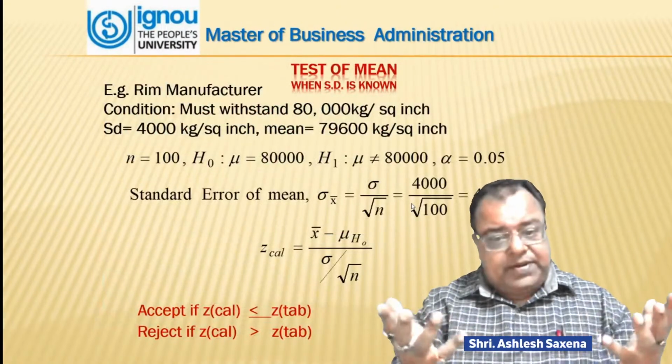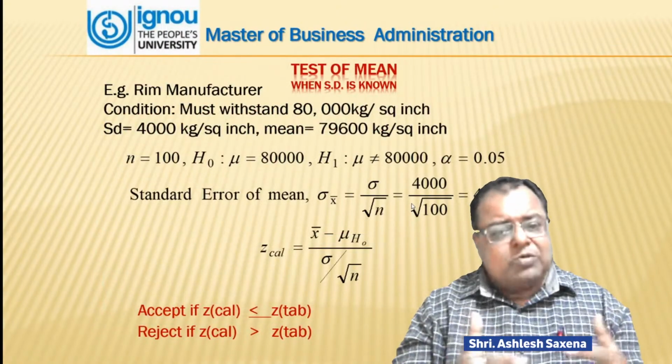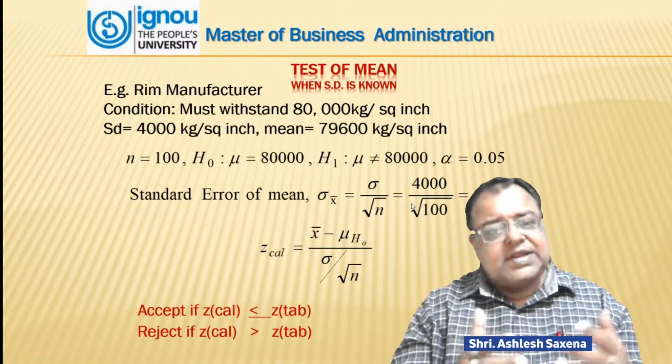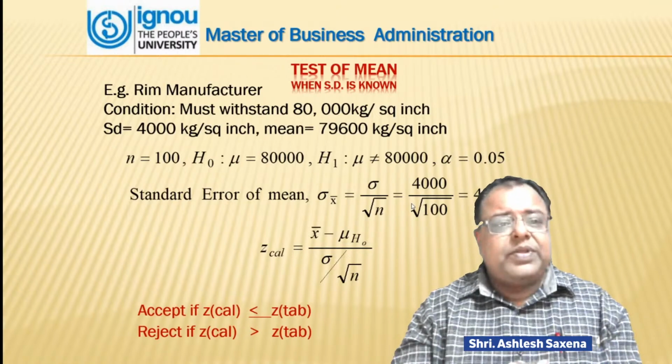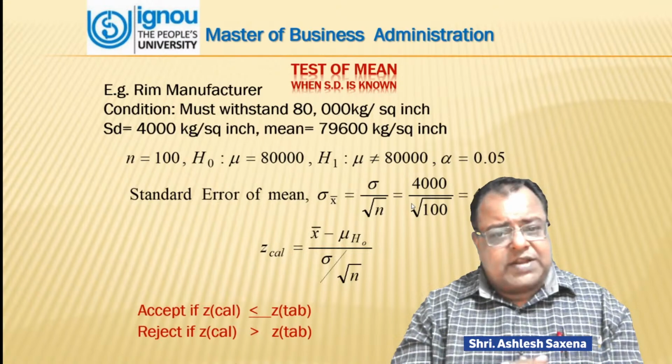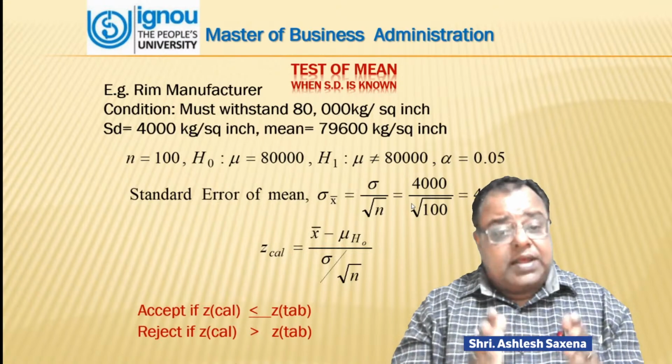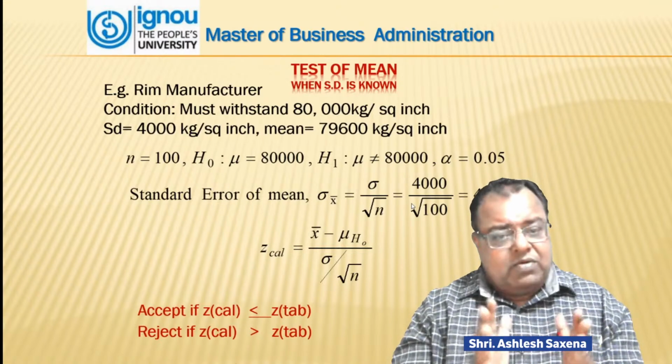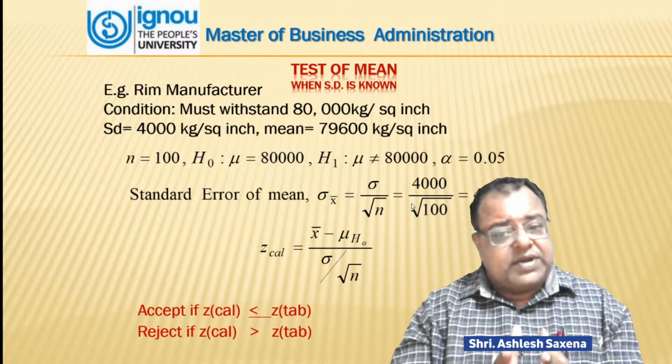Now we take up an example to understand how all these things we have discussed are applied practically in a problem. Suppose for a manufacturer, the problem is to test the mean when SD is known, that means the standard deviation is given in the problem.